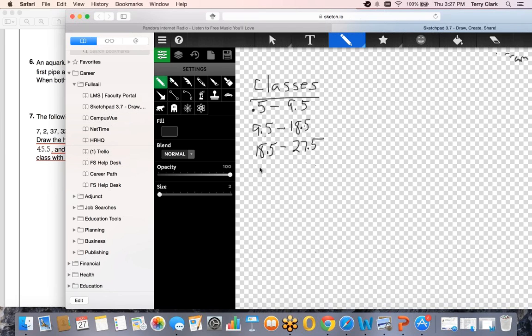And then we're going to go 27.5. And then that's going to be 36.5. And then we're going to have 36.5. We're going to add, I don't know why I was getting ready to put that in the middle. No fair. It's going to be 45.5.